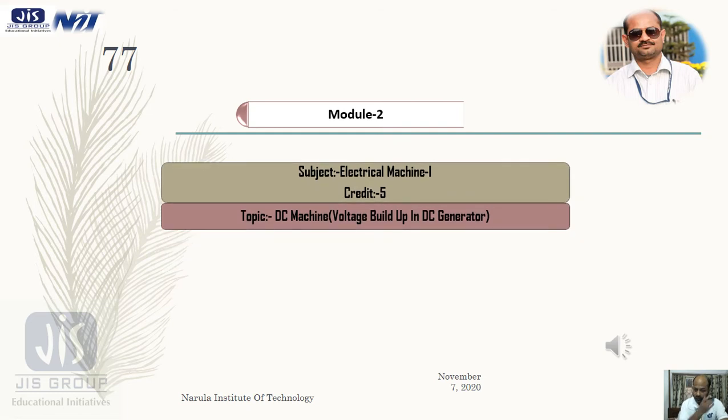So, in the course curriculum of Electrical Machine 1, in module number 2, today on the topic of DC machine, we are going to discuss voltage buildup in DC generator.